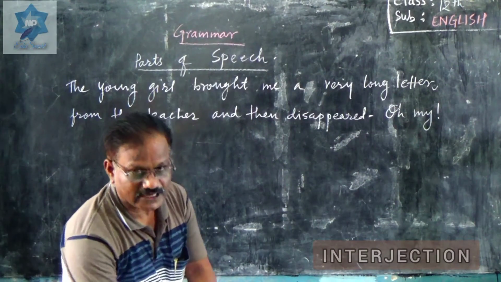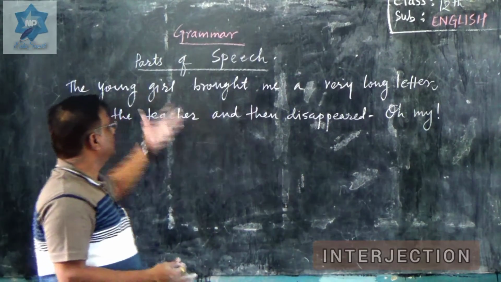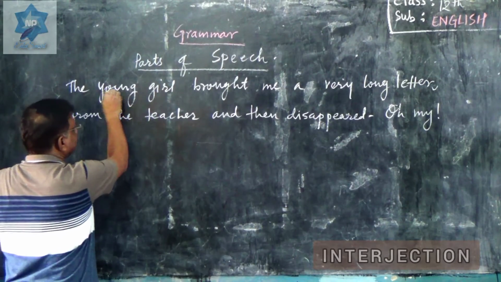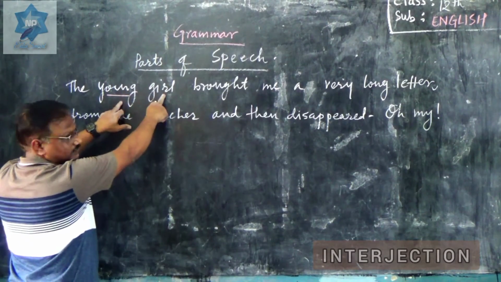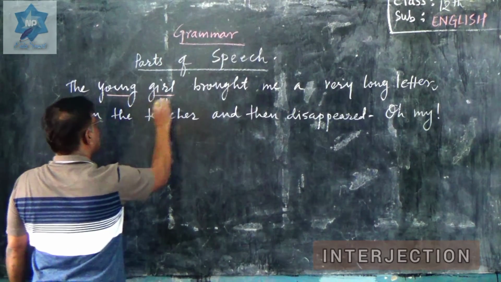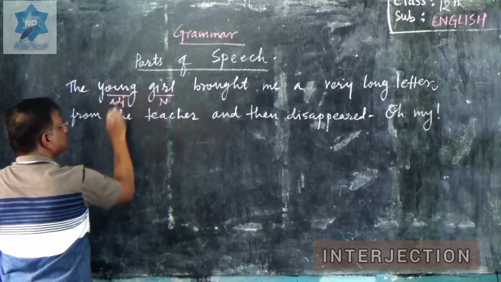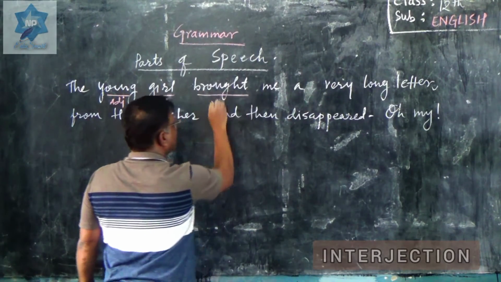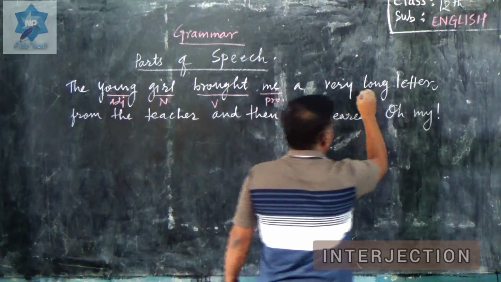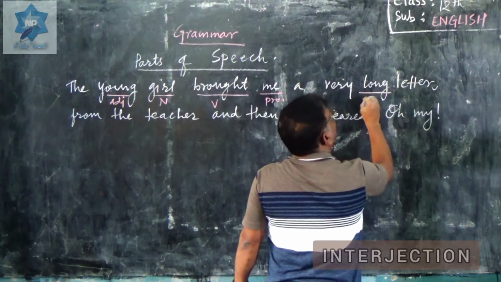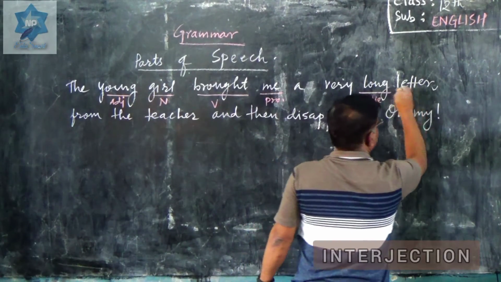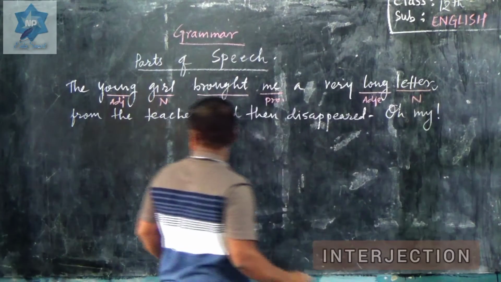Now let's identify different words according to the parts of speech. What is young? Young is an adjective modifying the noun girl. What is girl? It is a noun. Brought is a verb. Me is a pronoun. Long is again an adjective, as it is modifying this word, letter, which is a noun.